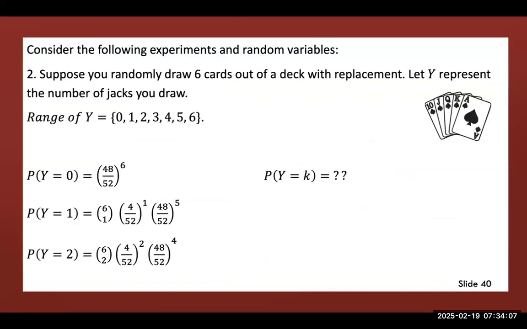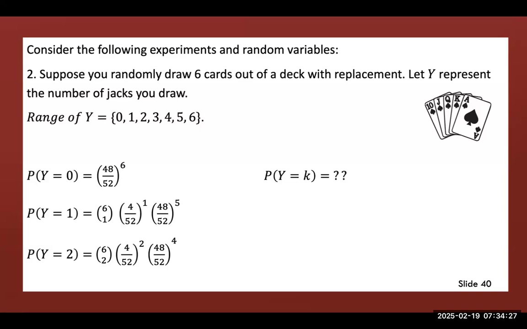So now that we see how to do it for 0, 1, and 2, can we come up with a formula? So for any y we have, whether y is 3, 4, 5, or 6, can we come up with a formula that describes the probability?